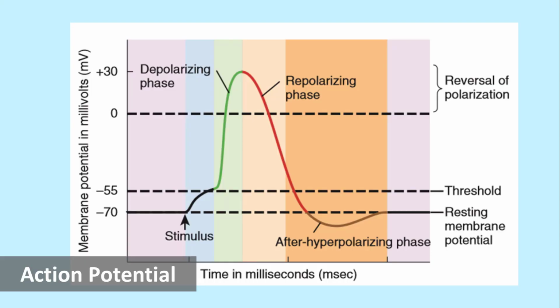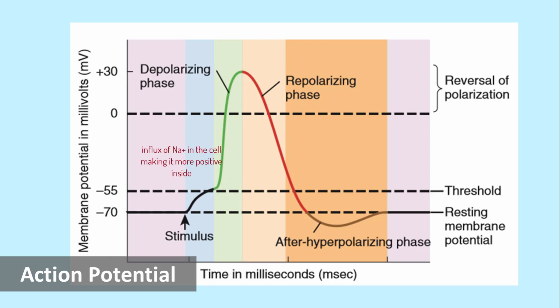In order to generate an action potential, first, we need to depolarize the neuron. And depolarization, as we talked about earlier, takes place when a resting membrane potential, negative 70 millivolts, changes towards a more positive number. A stimulus will cause depolarization to threshold. Remember that we need to get at least negative 55 millivolts, and once we hit that, we are going to activate depolarization to continue.